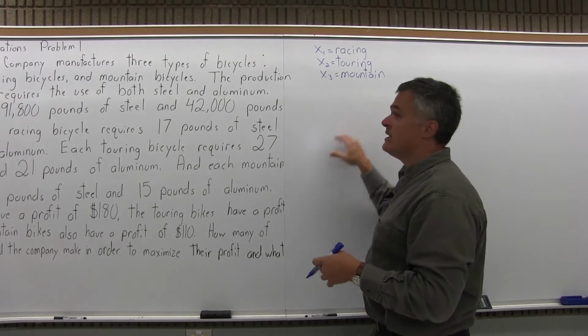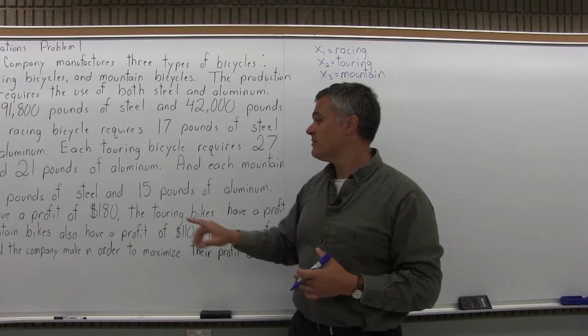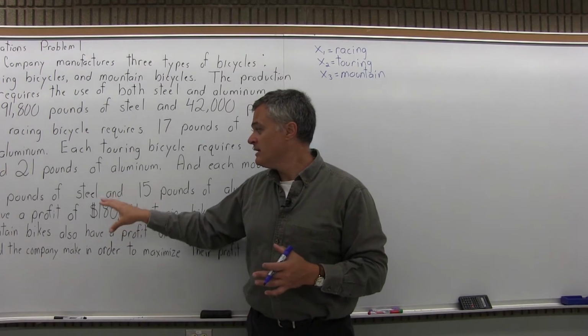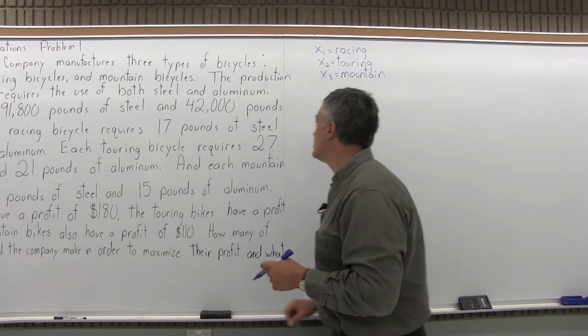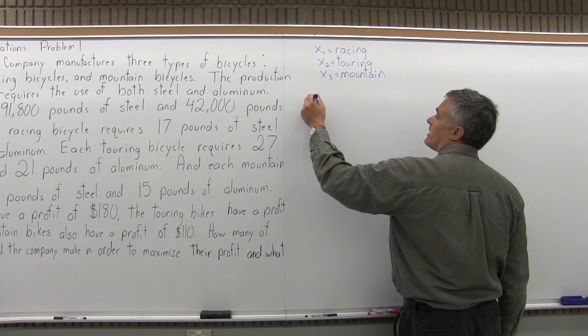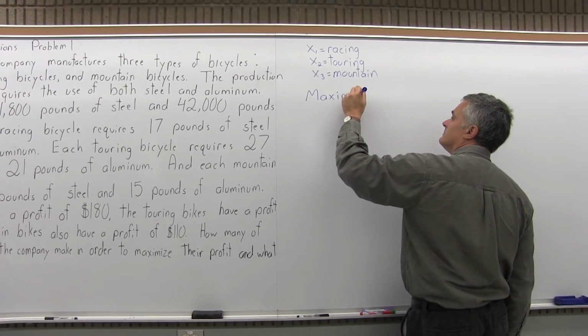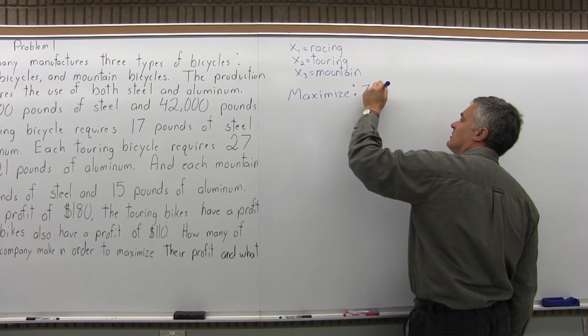Step 2 is to find the objective function, look for information that's typically about profit, usually near the end. And this problem is a fairly standard problem. Near the end of it, it mentions how much profit for each type of bicycle. So we are going to want to maximize z equals.